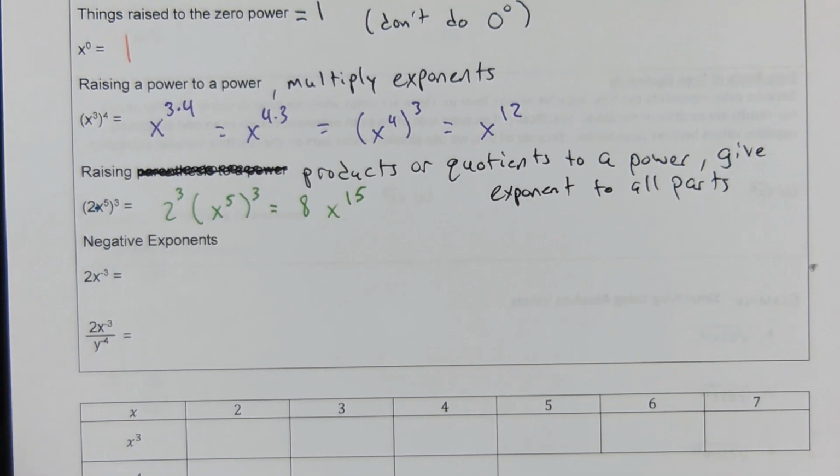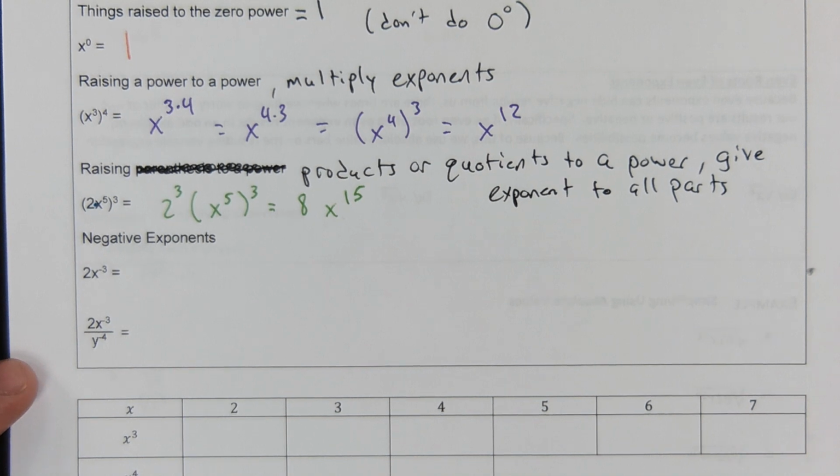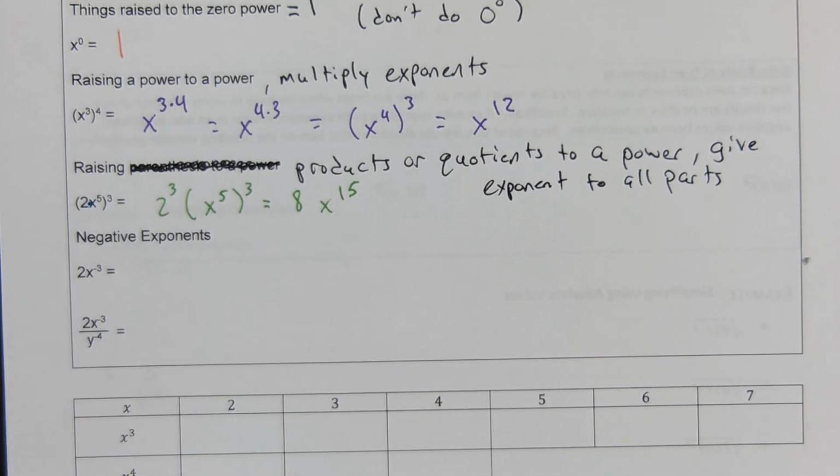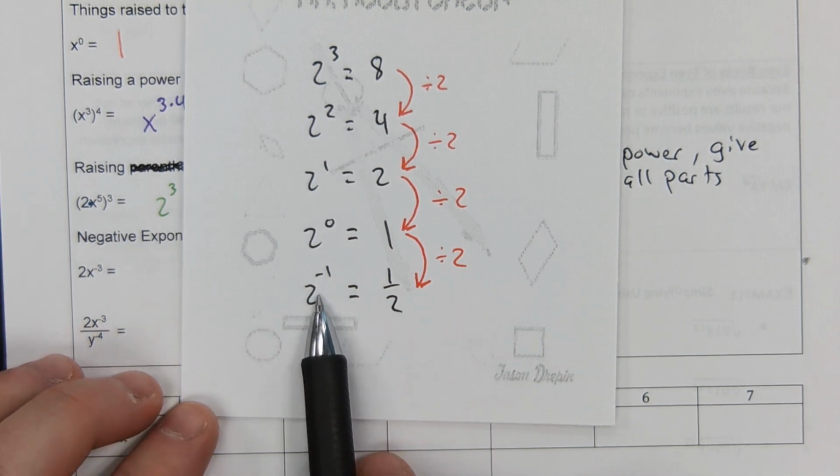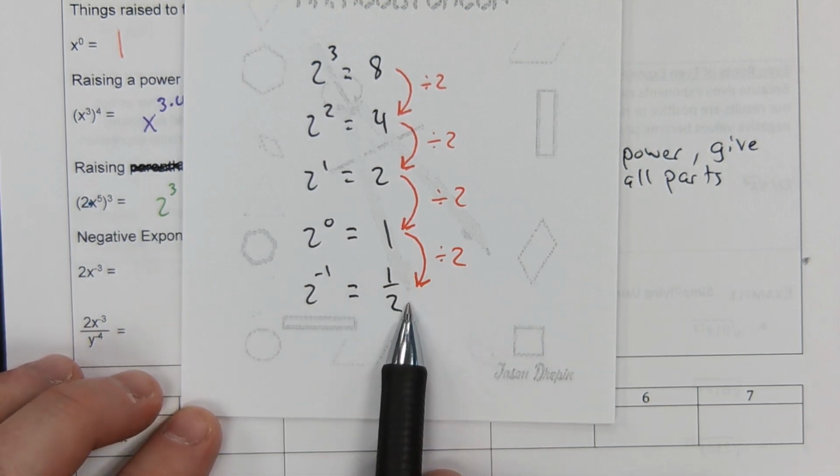And the last bit of your Algebra 1 review for exponent rules is talking about negative exponents. And like I said, on this little sheet of paper, we had a negative exponent. What we saw was 2 to the negative 1 is equal to 1/2.